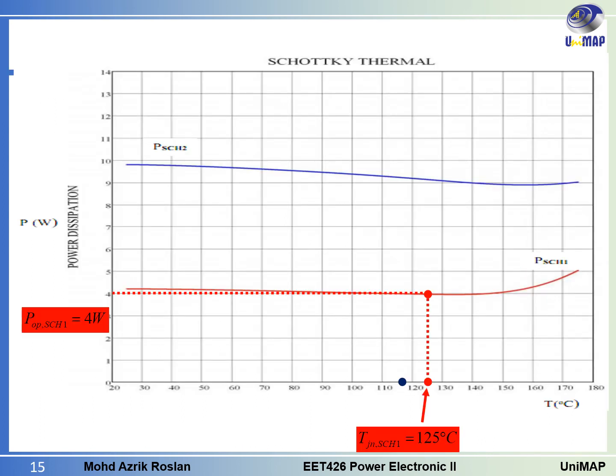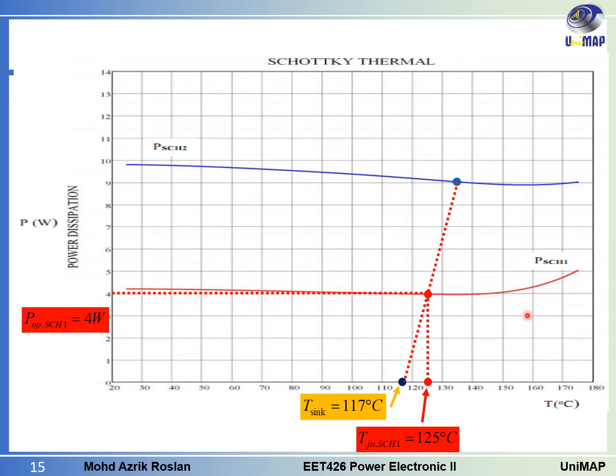So like before, we draw a T-sink, we mark at this 117, and we can draw a straight line from here to this point, because the thermal resistance is the same for Schottky 1 and Schottky 2, because they are the same component.